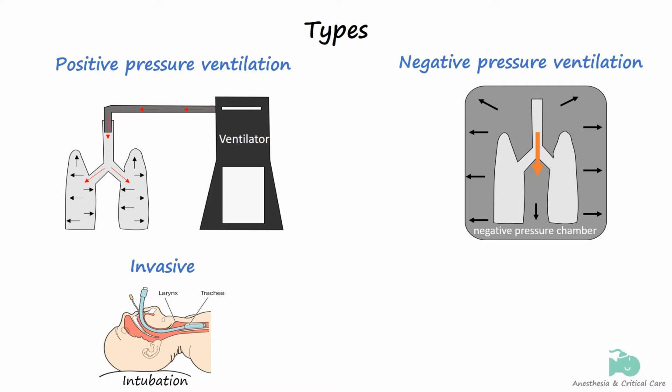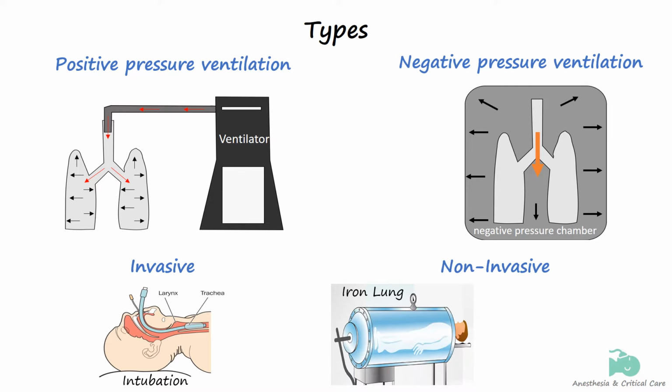If tracheal instrumentation is not done, it is termed non-invasive ventilation. Negative pressure ventilation is a non-invasive ventilation. Positive pressure ventilation can also be non-invasive. Example of such is CPAP. We shall discuss these in detail after going through the mechanics of breathing first to understand the concept behind mechanical ventilation.